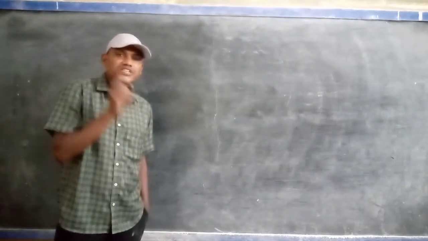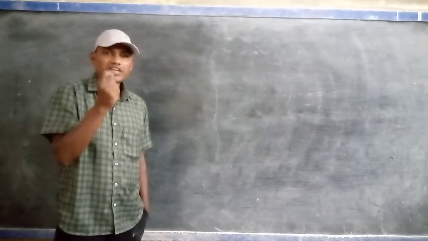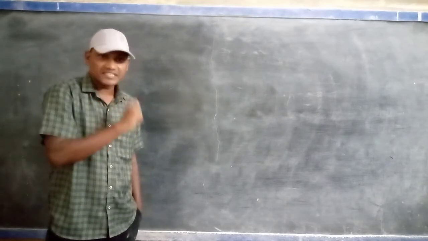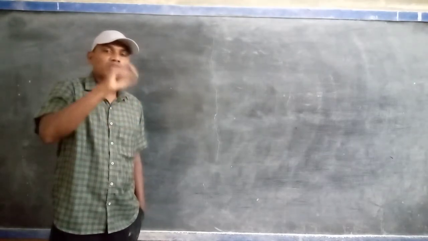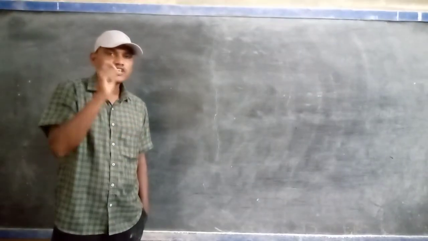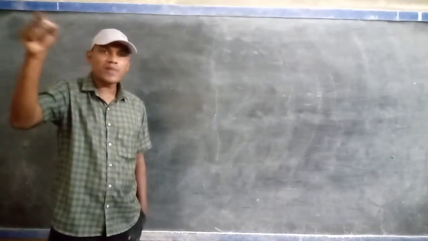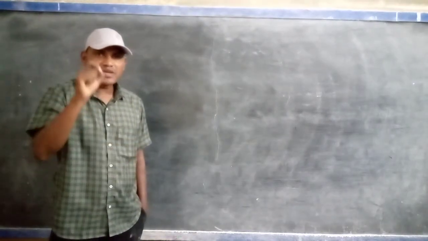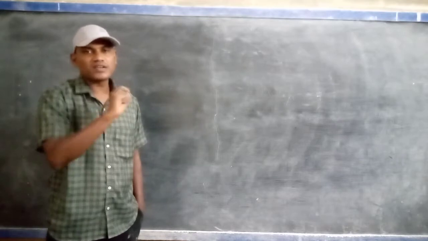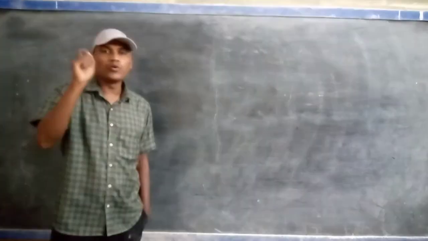We also discussed one small lab activity. When sodium thiosulfate and sulfuric acid are added in a glass beaker, sulfur is formed as a precipitate. At the beginning, the sulfur particles are very small and appear blue in color.